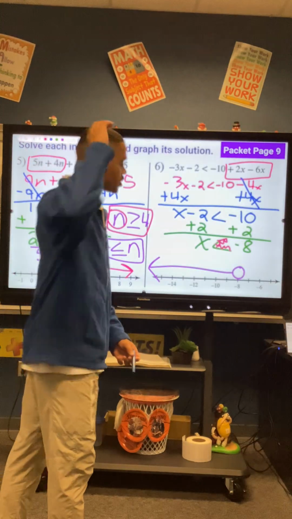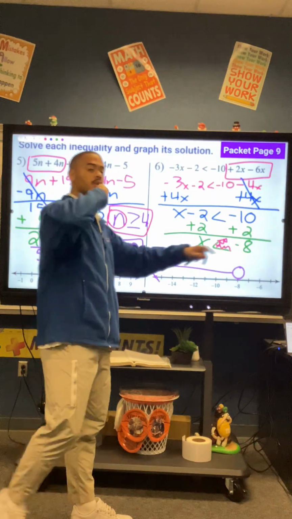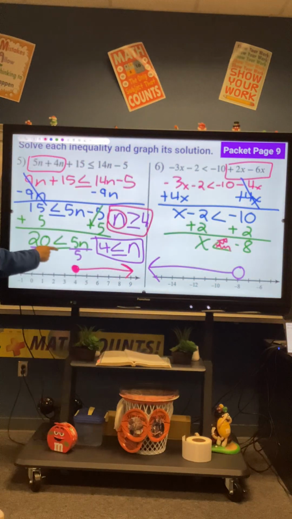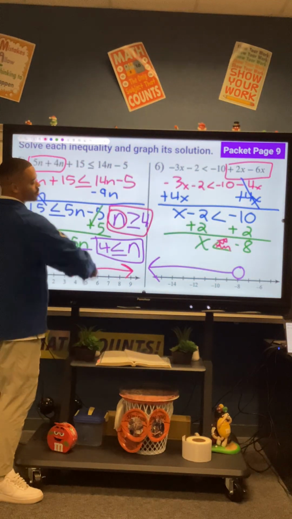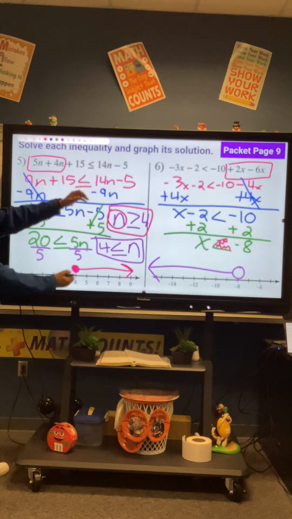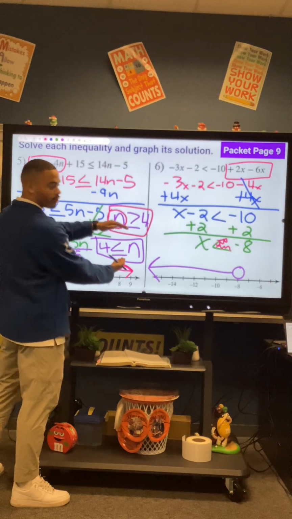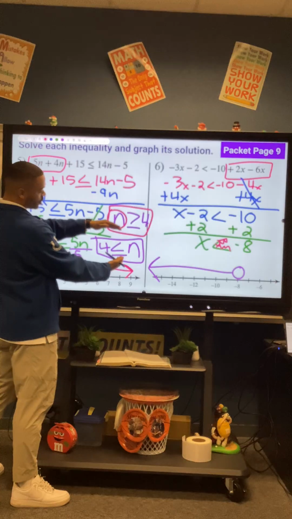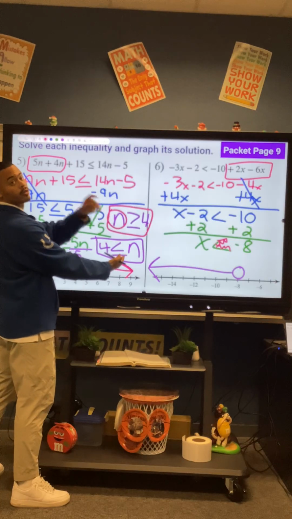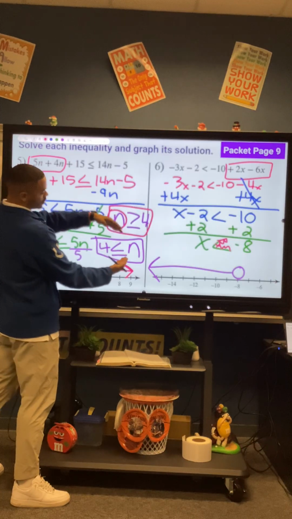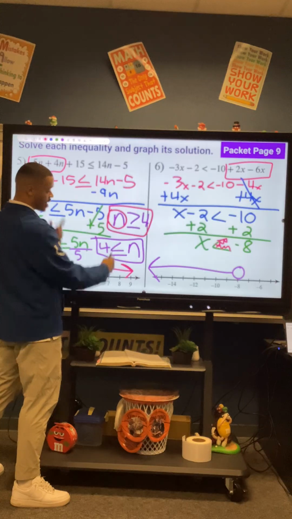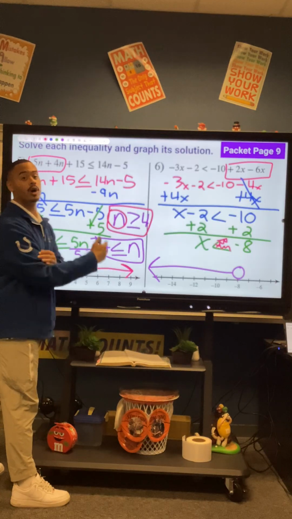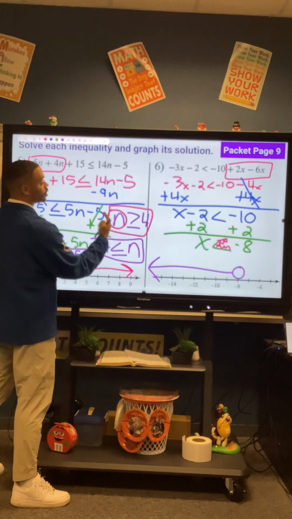No. So when we do this, number 5, you're talking about here? Remember, we told you that whenever you do your inequalities, when we write them for your final answer, we want your variable to go first. If I have this, it's the same answer, but it's not how I want it written. I want you to write your variable first.